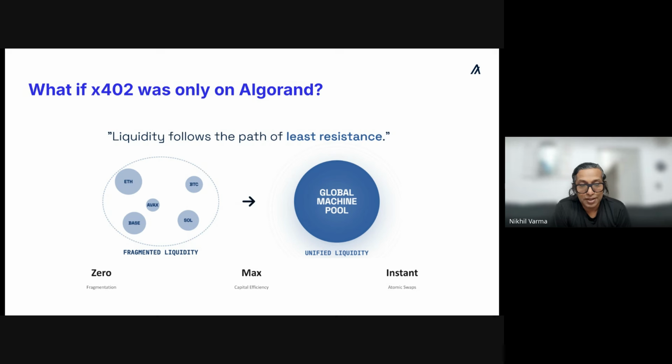The problem would be that this fragmented liquidity would cause lots of issues when you are trying to do settlement. You would have slippages. You would not be able to do various transactions across agents to agents, which are taking different payment modes. So the idea to have a global pool, actually a unified liquidity, creates a flywheel. The next slide, please.